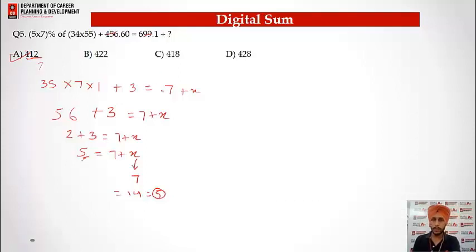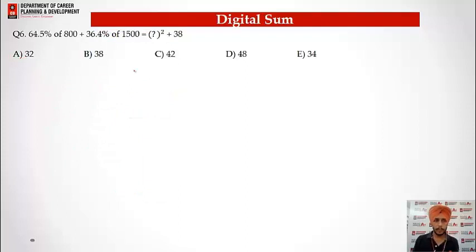So let's move to another question, that is 64.5%. So percent can always be ignored. So here we have 4 and 5, that is 9. So the digital sum will be 6. Of is multiplication. 800 is 8 plus 6 plus 3, 9 can be ignored. Here we have 4 into 1500.